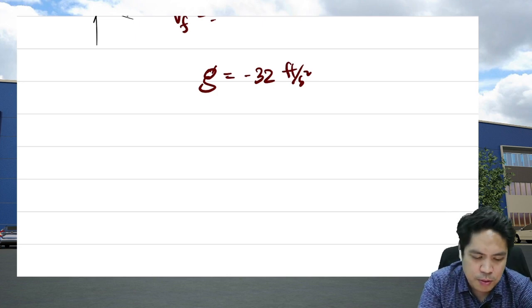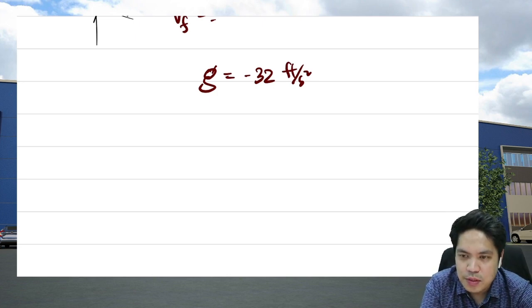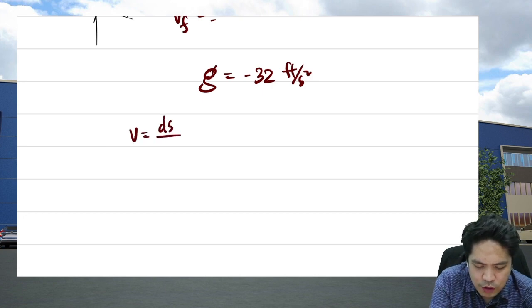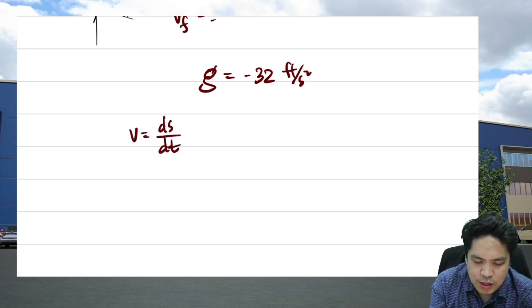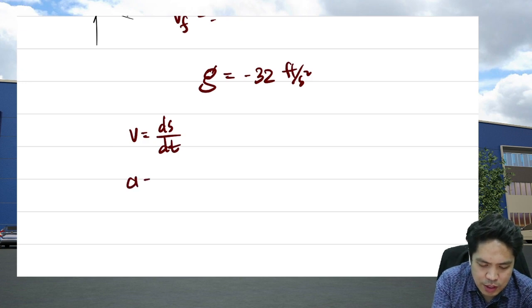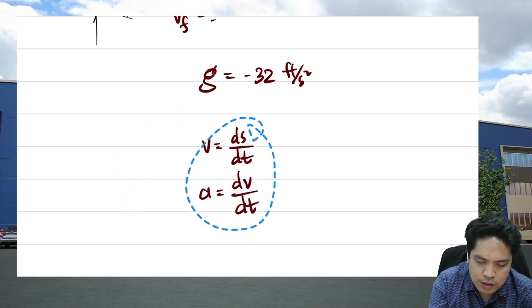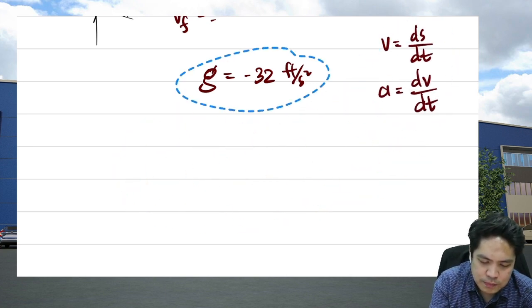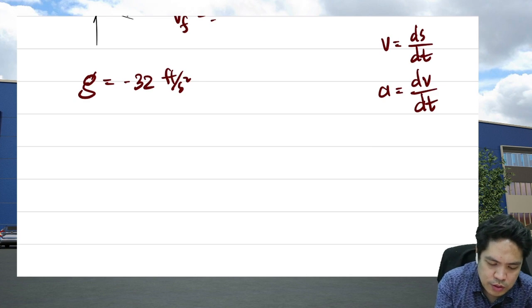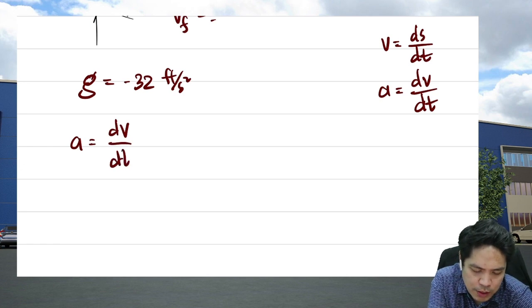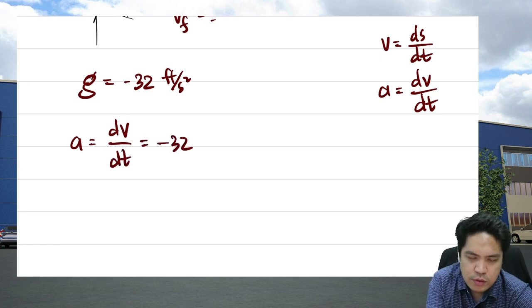If you remember last sem, right? Velocity is the derivative of the distance with respect to time, and acceleration is the derivative of the velocity with respect to time. So that would be our reference. Therefore, acceleration, which is equal to the derivative of the velocity with respect to time, is equal to negative 32.